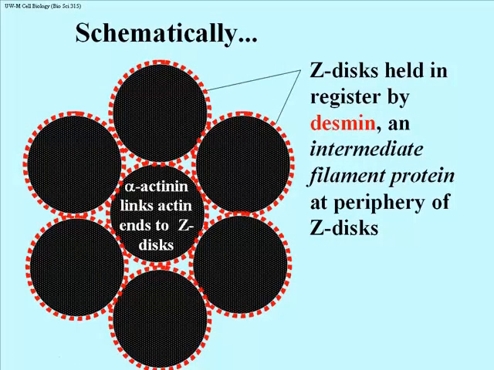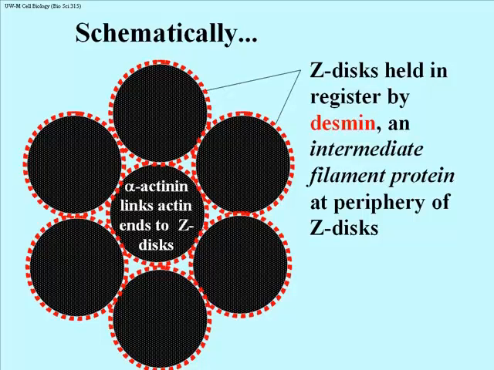Let's draw a cartoon of Z discs. Here we have 7 Z discs out of the many that we just saw. And in the middle of those Z discs, those very tiny white dots are meant to illustrate alpha-actinin linking actin to the Z discs. So alpha-actinin is an actin-binding protein that attaches the ends of actin to the Z discs. And the red stuff, that's the desmin that actually holds the Z discs together.